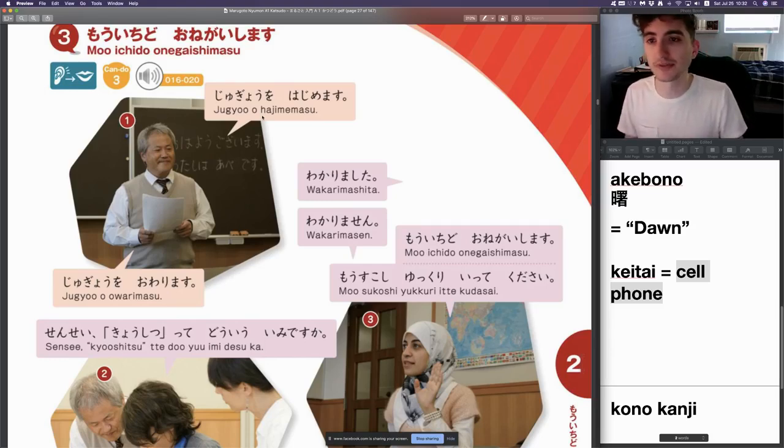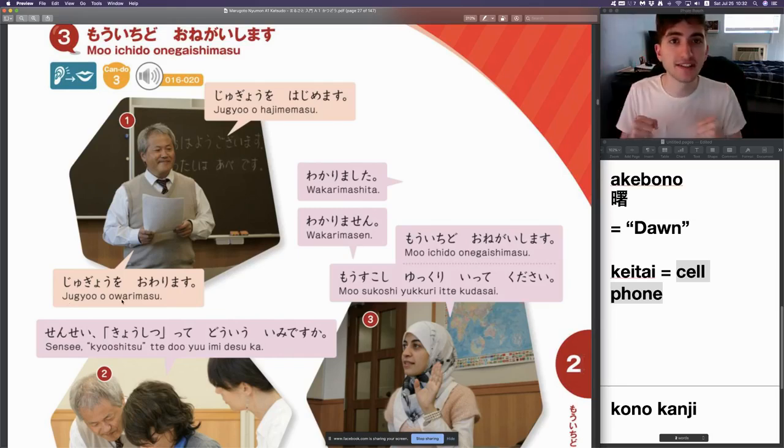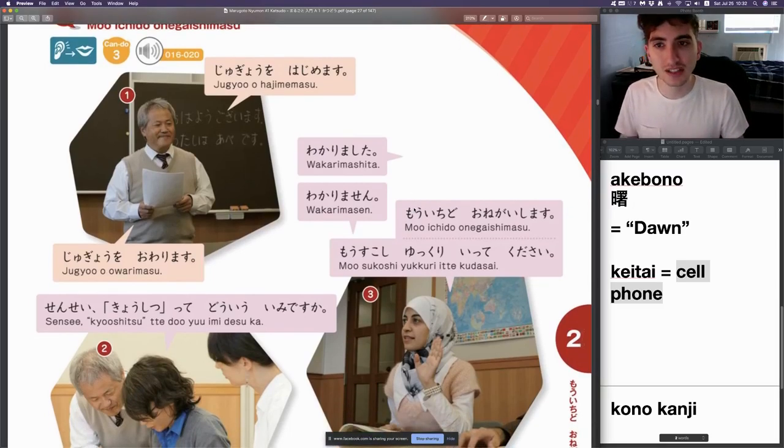And then the class starts. Maybe half an hour, 50 minutes, an hour goes by. And at the end of class, he will say, 授業を終わります. So I'm ending class here. Class is over. 終わります. So those are beginning class and ending class phrases.